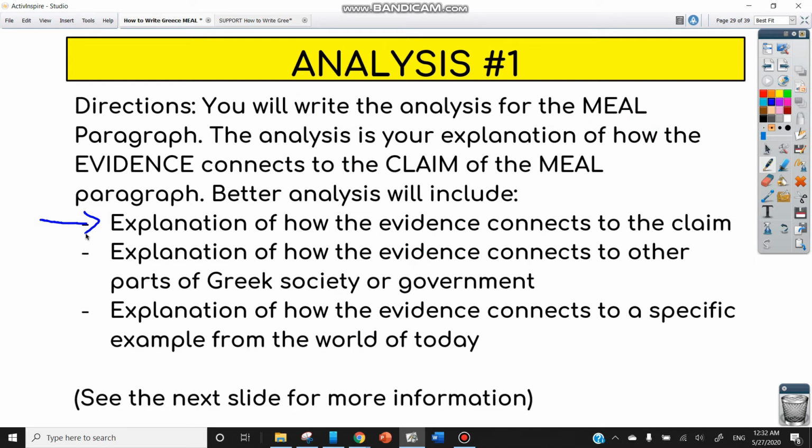That's like the most basic function of analysis. After that, specifically about this topic, the analysis should explain how the evidence also connects to other parts of Greek society or government. And then if you want to really demonstrate that you understand deeper connections, you should explain how the evidence connects to a specific example from the world of today.